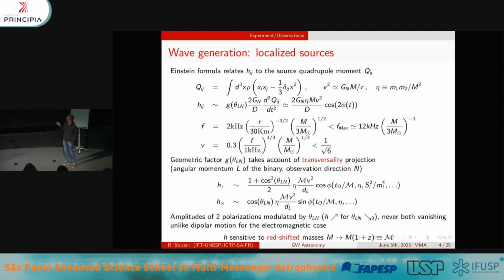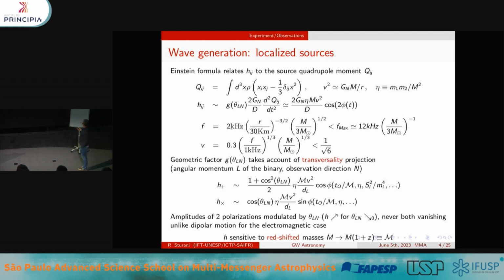You will never measure distance and the angle separately; you measure a combination of the two. That's the source of the big error in the luminosity distance measurement that you've seen with LIGO so far. So unless you happen to measure the two polarizations independently, and so can disentangle distance and theta, you are bound to have a large error because of this degeneracy.